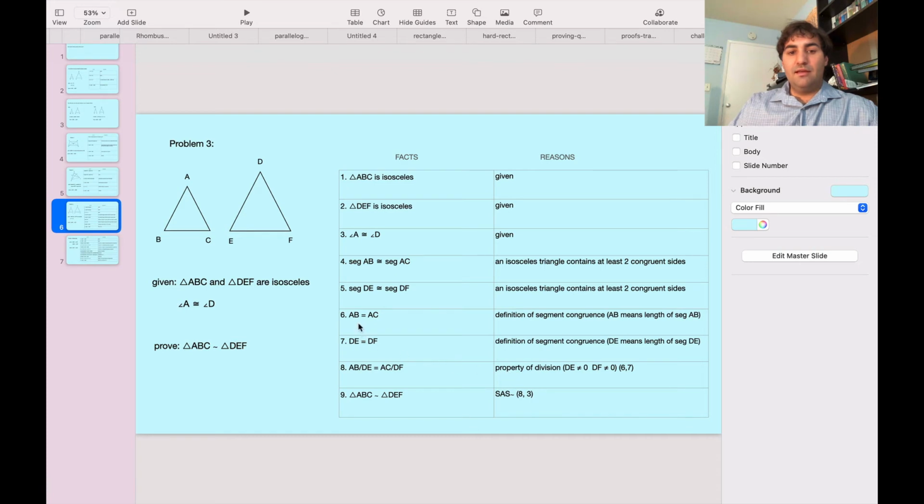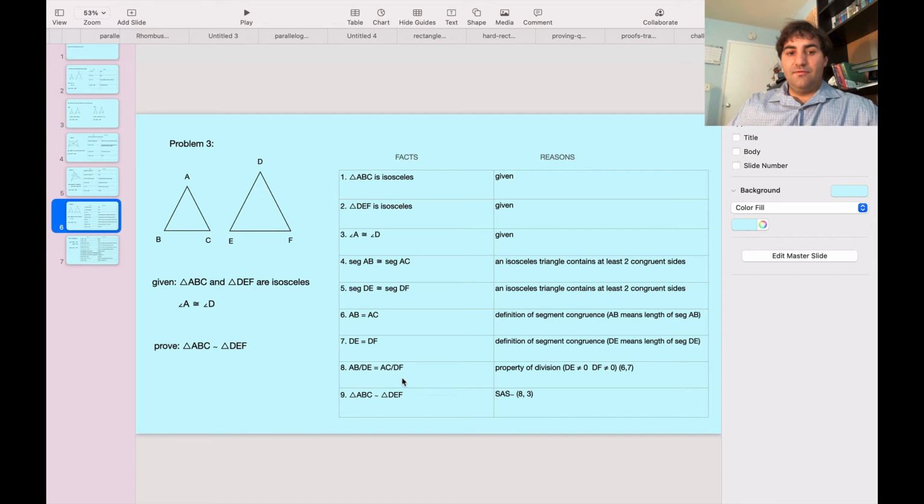Now, we know that lengths are not equal to 0 in a triangle when we're dealing with these different segments. So we can divide. Using the property of division and the fact that DE is not equal to 0 and DF is not equal to 0, then AB divided by DE is equal to AC divided by DF.